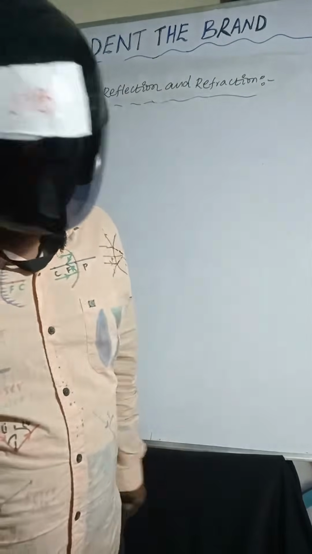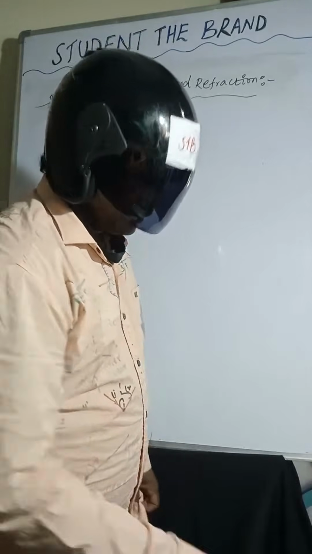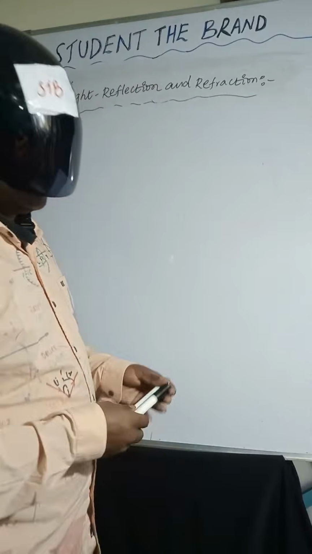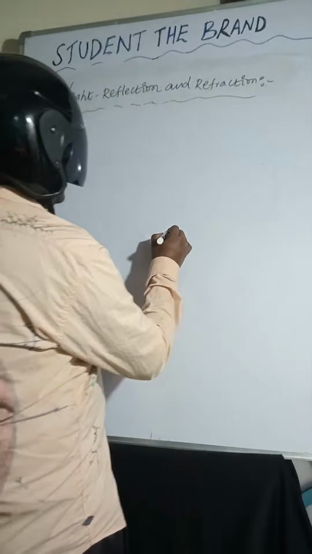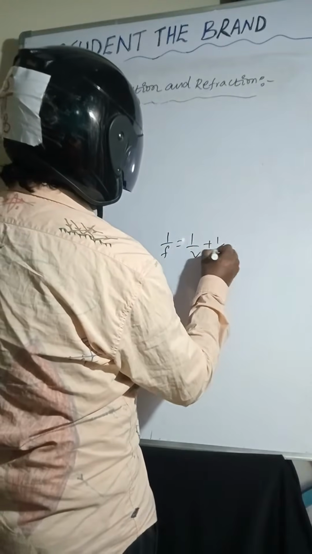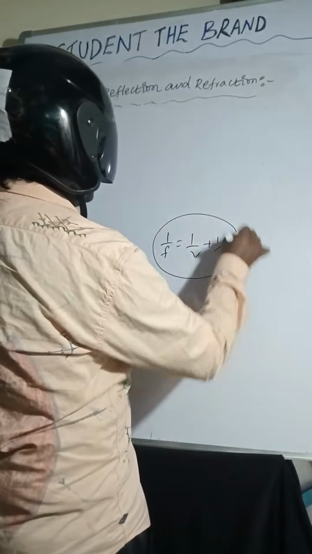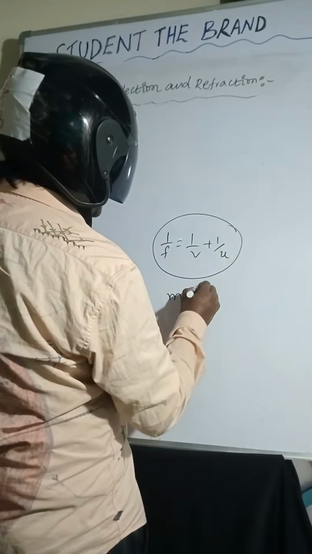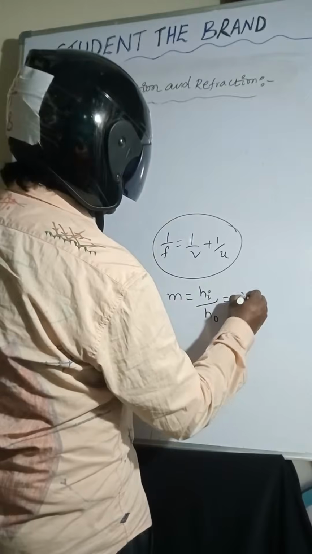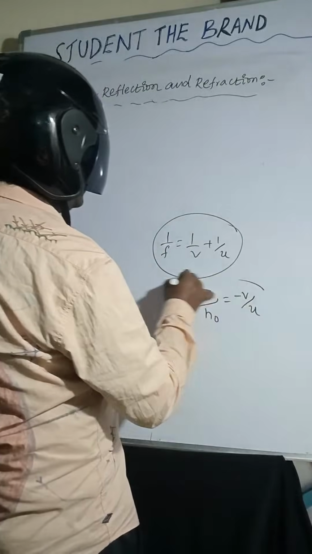Mirror formula is 1 by f equal to 1 by v plus 1 by u. Magnification equal to height of the image by height of the object, that is nothing but minus v by u.